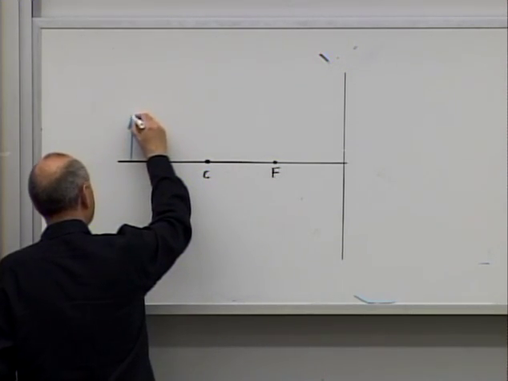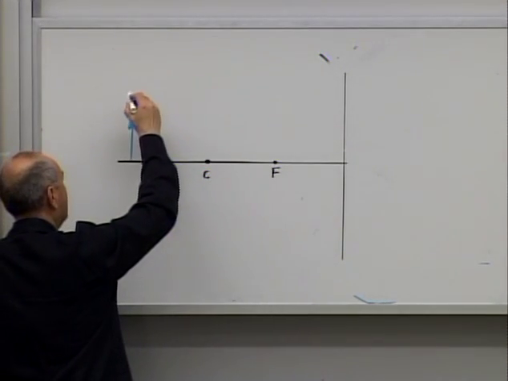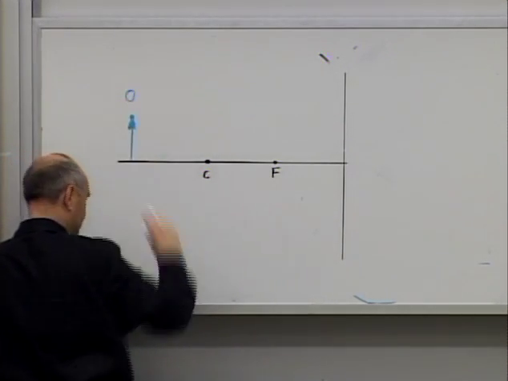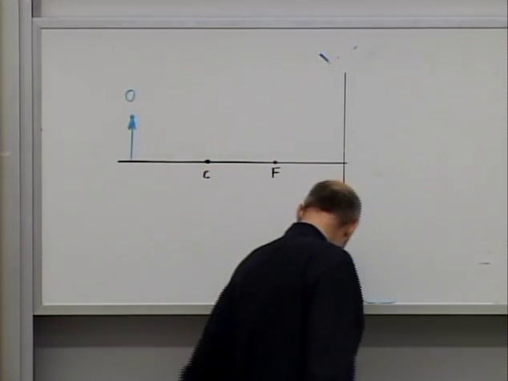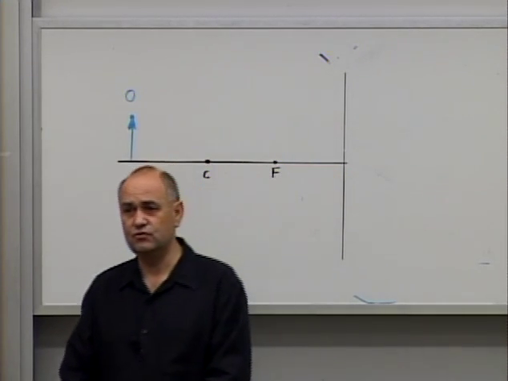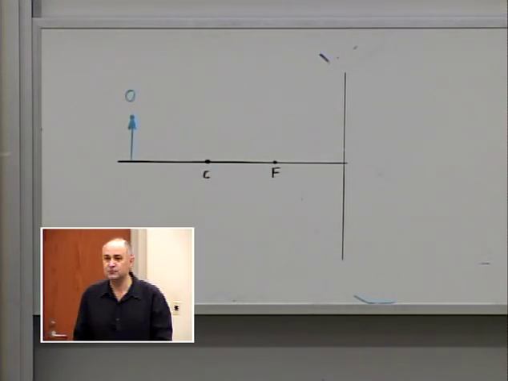And let's find the image of this point. So why don't you help me how to do it? Suggest which rays you want me to use. Kyle, which ray would you want me to use?